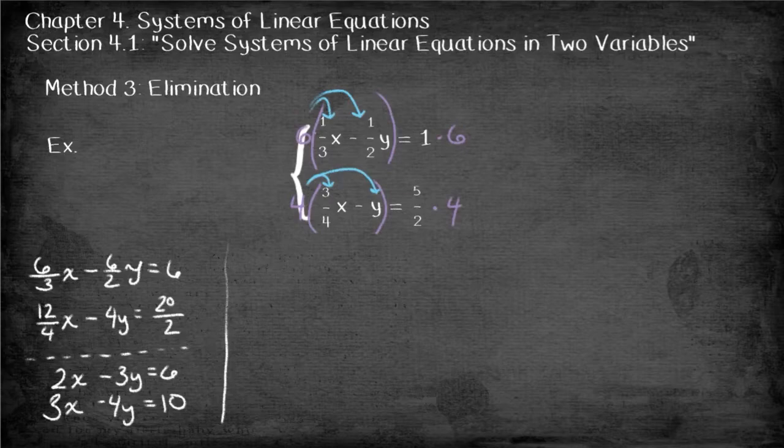So let's say we're going to eliminate x. The goal now is to get the coefficients of the equations to be opposite one another. So I need to figure out a common multiple. And between the coefficients 2 and 3, a common multiple of 2 and 3 is 6.